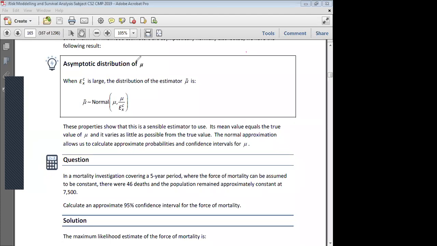Yeah, it is 5 years. Yes. What else? Number of deaths. So my D is 46. N is 7,500.